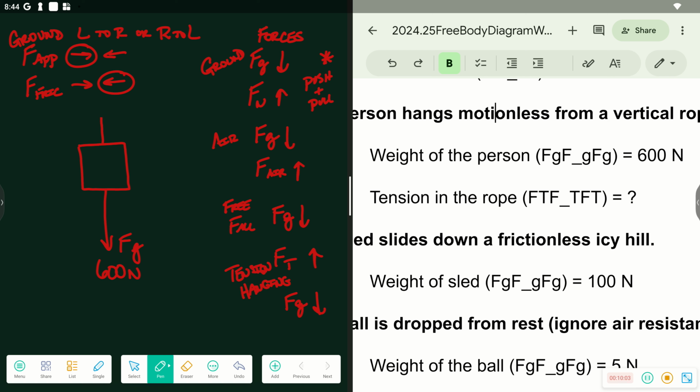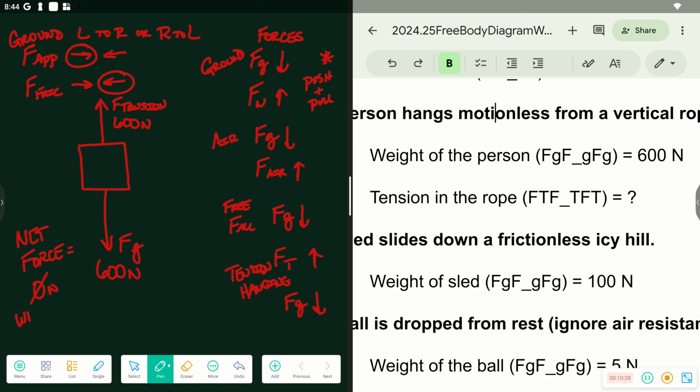So there's one rope, force of tension. If the net force has to be 0 because it's motionless, what does the force of tension have to be? It has to match 600 newtons. So your net force equals 0 newtons.